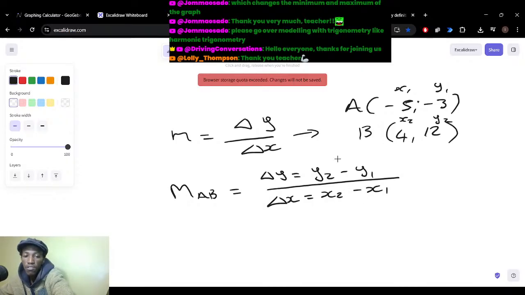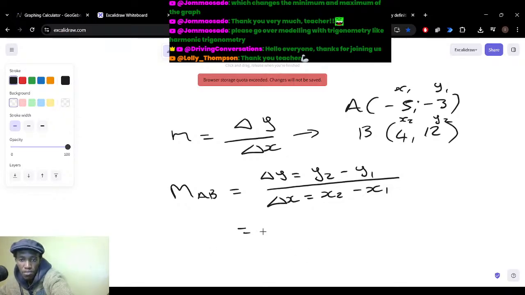Be careful also when you're calculating gradient. If you start by y2 on the numerator, on the denominator as well you have to start with x2. And if you start by y1 on the numerator, you have to do that on the denominator as well.